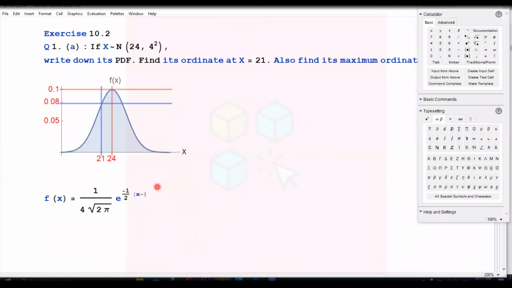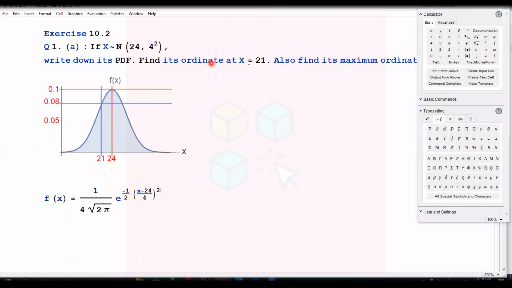The value of mu is 24, so we will write 24 here. And the whole thing is divided by sigma, so we will write 4 square, whole square, and the power is 2. Okay, this is the PDF of the normal distribution for the mean 24 and variance 16.